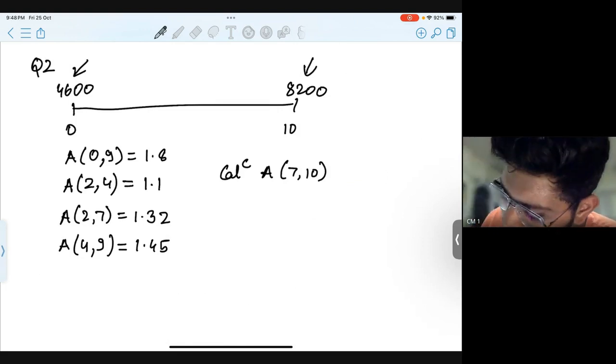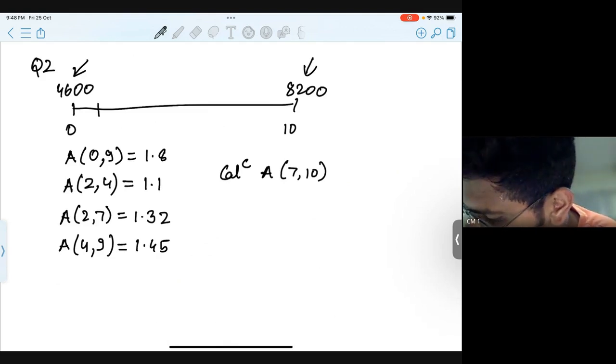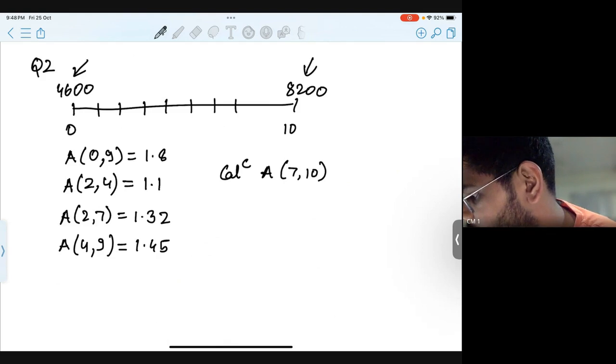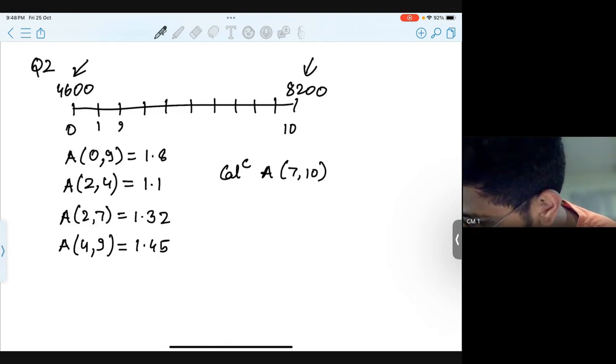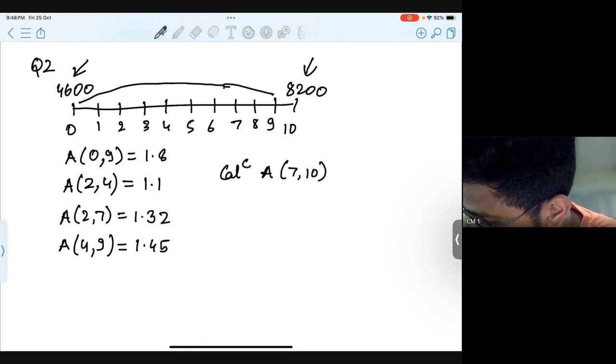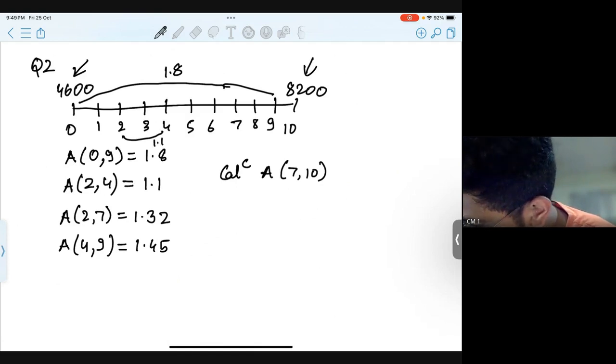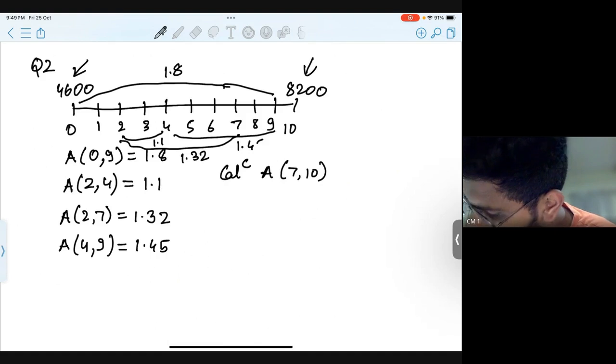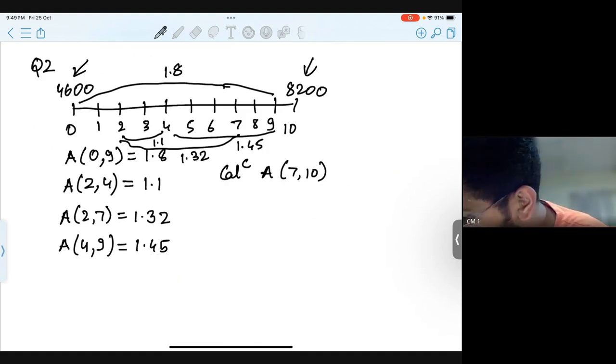Okay. और उसके बीच बीच के अक्यूमुलेशन फैक्टर्स दिए. तो 0 1 2 3 4 5 6 7 8 9 10. तो दिया हुआ है कि 0 to 9 होता है 1.8. ठीक है. 2 to 4 होता है 1.1. 2 to 7 होता है 1.32 और 4 to 9 होता है 1.45. अब आपको ये सब में से कैलकुलेट करना है अक्यूमुलेशन फैक्टर 7 to 10. अपने को ये निकालना है.